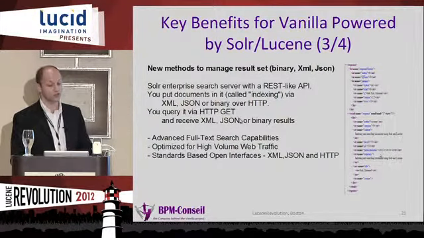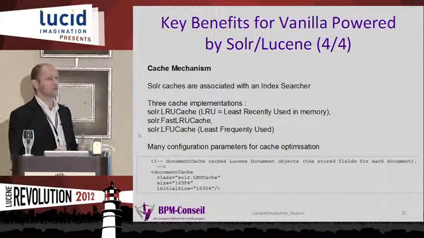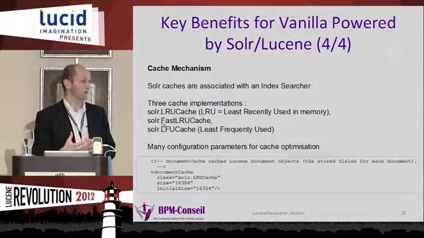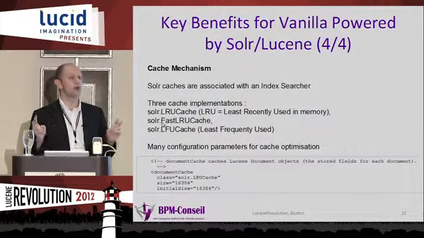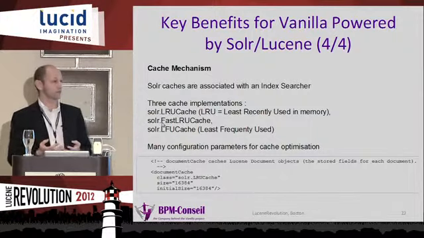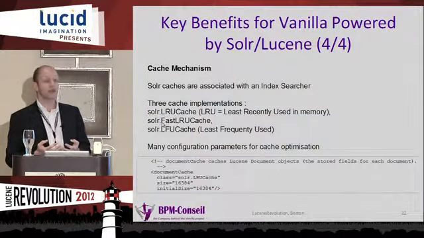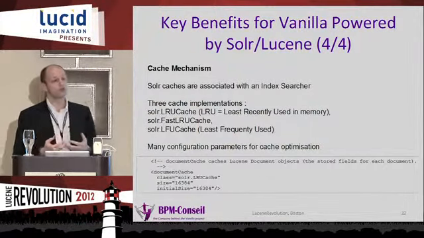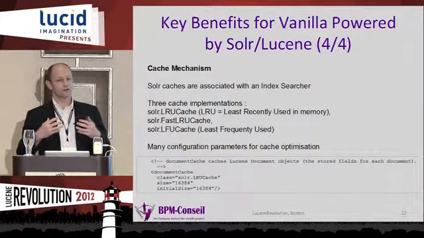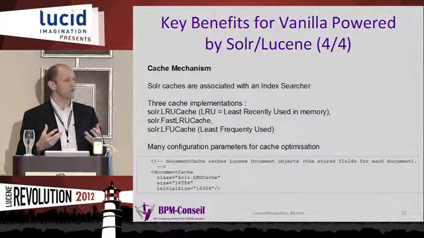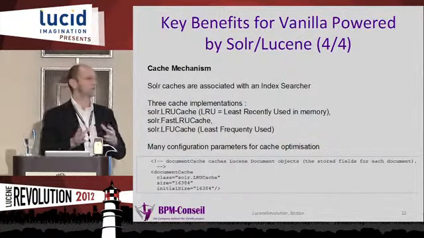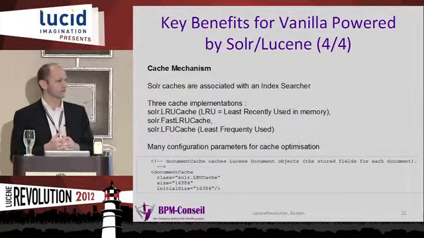Fourth thing, we have a cache mechanism. And the cache mechanism is exactly the same that we use in Vanilla. To be cloud ready, because it's very fashionable, it's the same cache, it's Memcache. It's very easy because the beauty of open source also is taking the best components available, and those best components are used in the best open source platforms.